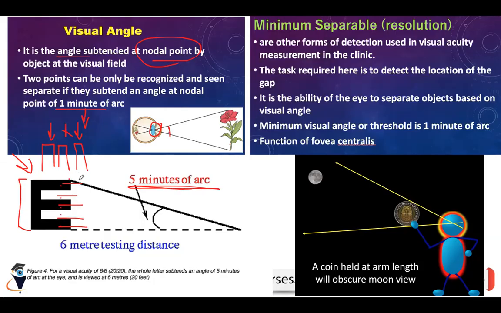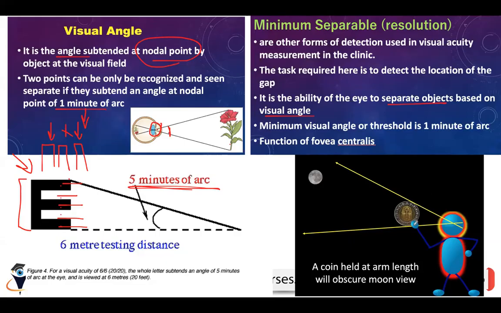This will result in identifying where the opening of this letter E is. And for this to occur, the letter itself has an angle subtended at the nodal point of 5 minutes of arc. The resolving power is the ability of the eye to separate objects based on the visual angle, not to see the smallest object, but the ability to separate the objects.